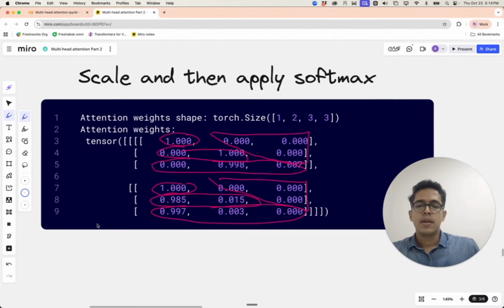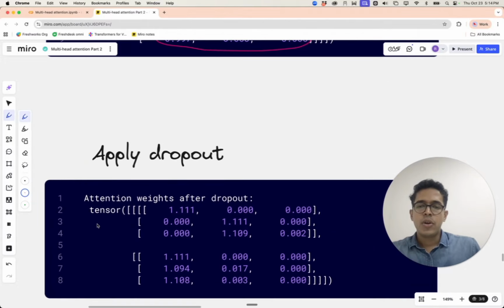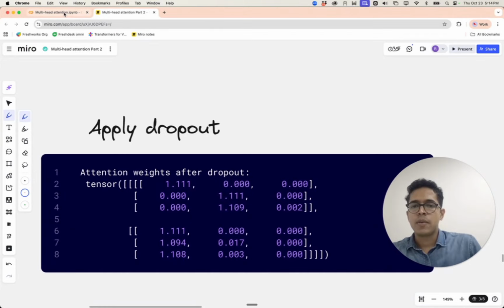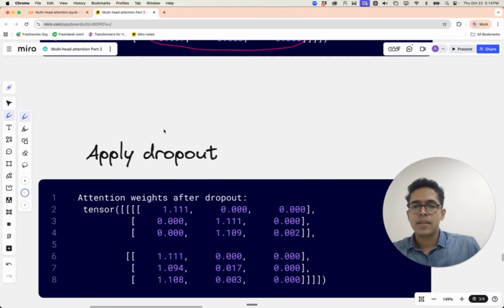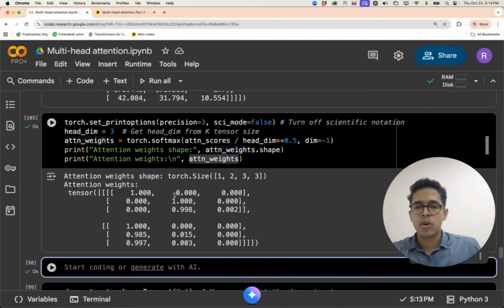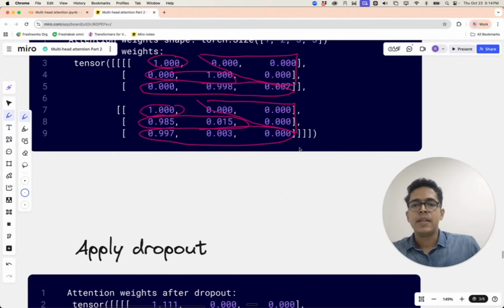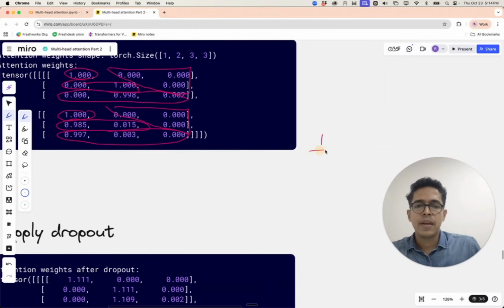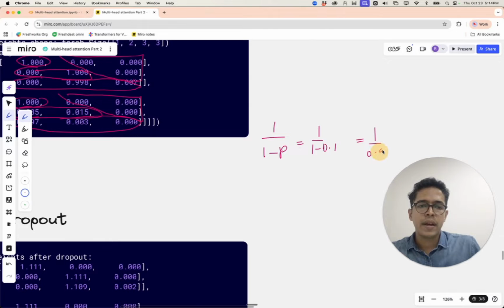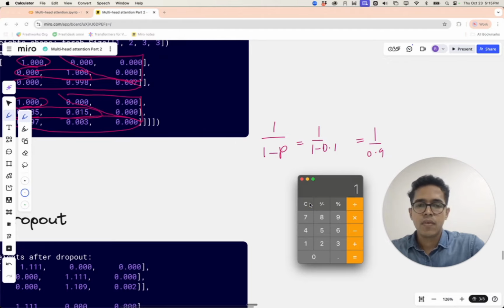Fairly good. All right. And if you want to apply dropout, you can apply dropout with a certain probability. So here dropout is applied at a 10% probability if I'm not wrong. Yeah, dropout with a 10% probability, which means whichever elements are not dropped out will be scaled up by a factor of 1 by 1 minus p, which is equal to 1 by 1 minus 0.1, which is 1 by 0.9. And that is what? 1.11, right? Let me calculate. 1 by 0.9, 1.11.